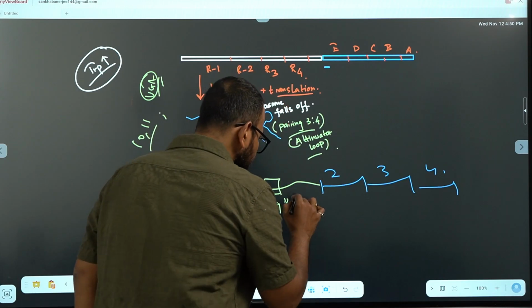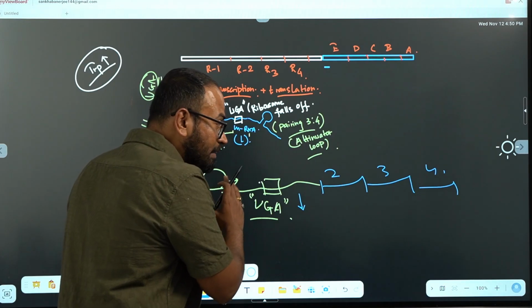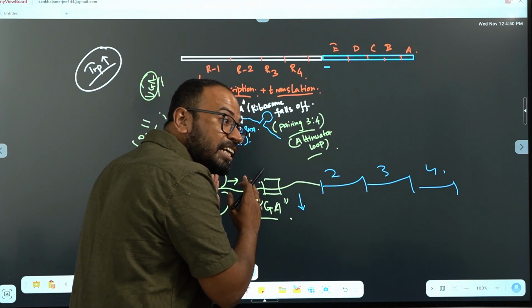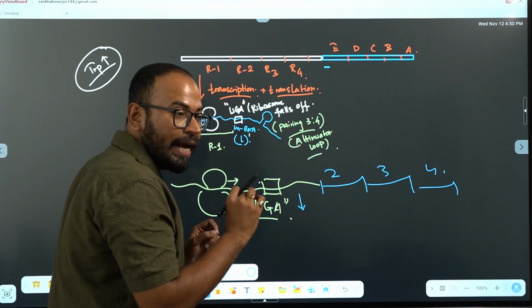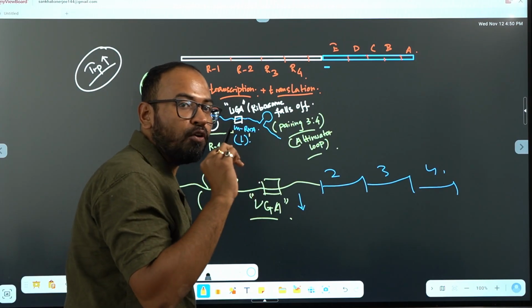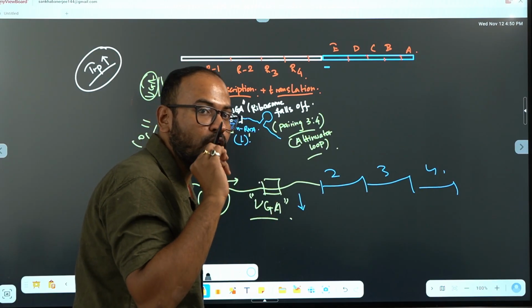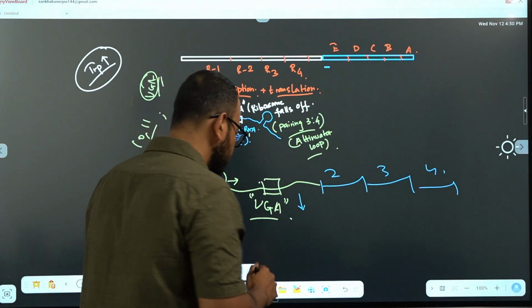That means when translation is occurring at region 1, we should be observing a kind of stem loop formation. We will be observing a kind of stem loop formation in between region 3 and region 4.